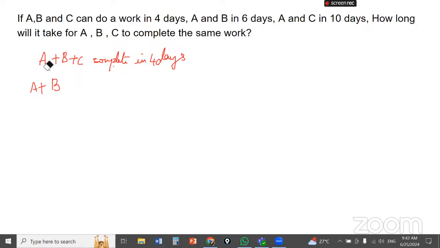A and B together, Gautam got the answer as 31. For A or B or C, we have to find separately. 31 is what? I can see the answer as 31.